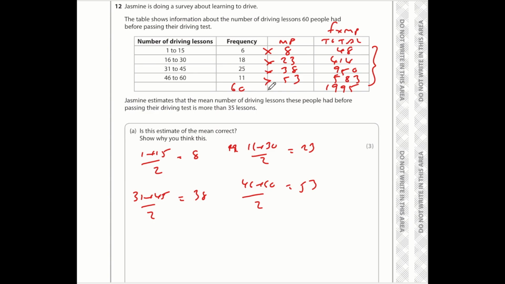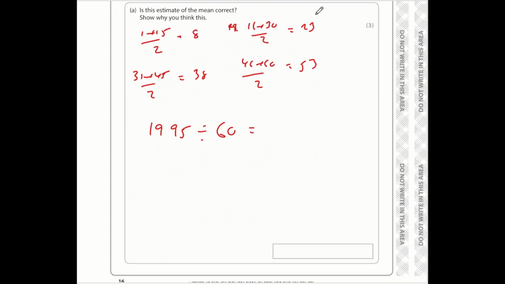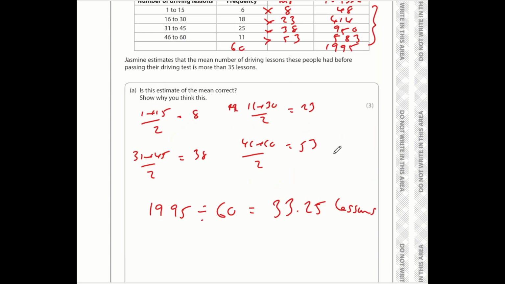So the estimated mean is going to be our estimated total divided by the number of people, which we know to be 60, the total of the frequency column, but I didn't need to add it up because they did tell us there. And 1995 divided by 60 comes to 33.25 lessons per person. So this is the estimated mean.